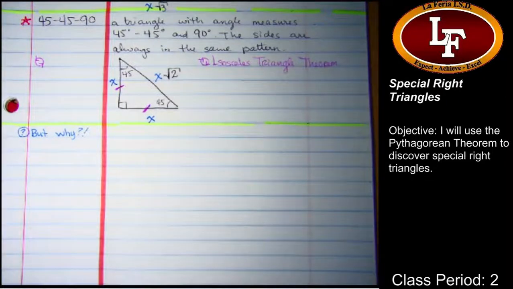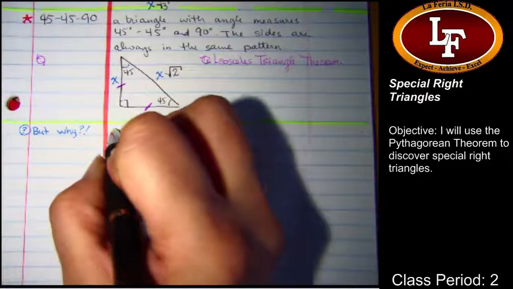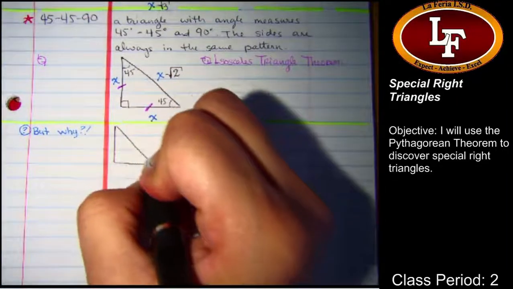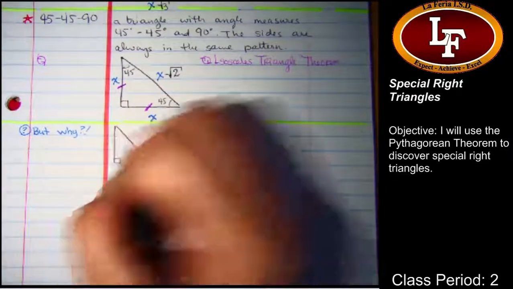All right. And so the question you might be asking yourself is, okay, great, but why does this work? Let's take a look at it and see why. So draw yourself another right triangle. Make it a 90-degree triangle.